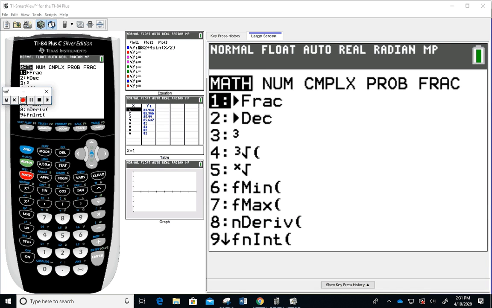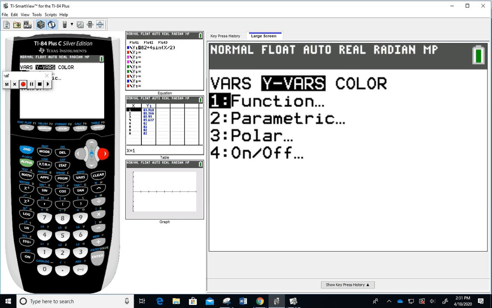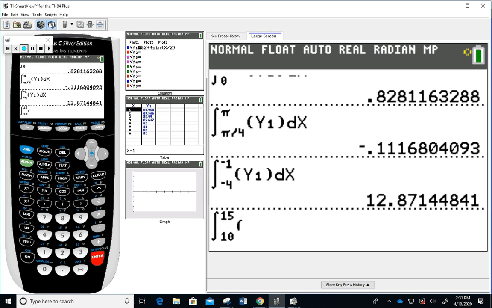Choice 9 is function integrate. So I want to integrate from 10 to 15 of the equation that I put in y1, so variables, y variables, function, y1. I keep having to move my recording button around. All right, so I'm going to go ahead and hit enter.